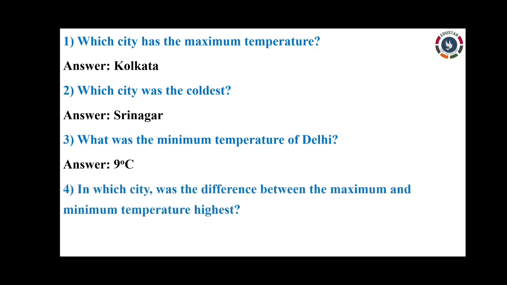Fourth question. In which city was the difference between the maximum and minimum temperature highest? So, now you have to subtract each city's minimum temperature from its maximum temperature. From the difference, we can find out which city has the highest difference.